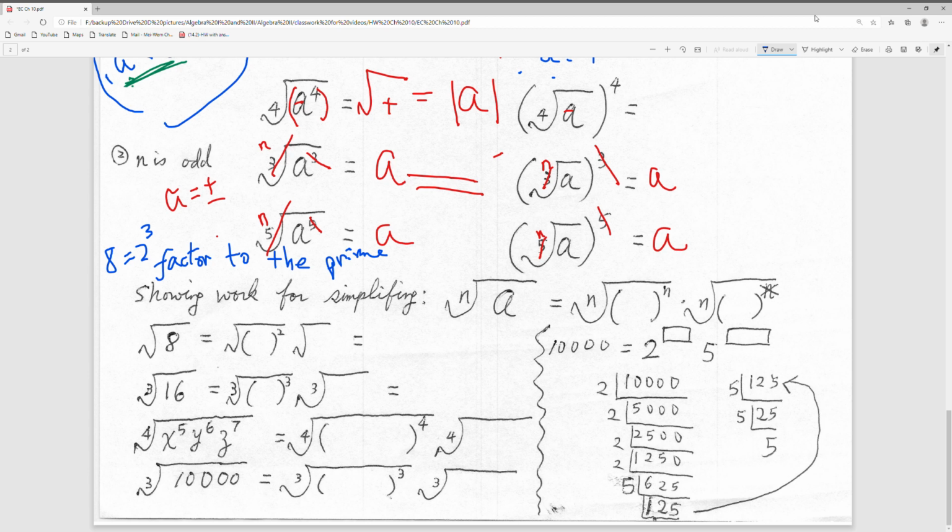Okay, so 2 cubed, you want to separate. Do you have a complete degree? Like in this case, you have a complete square, 2 squared times 2. So 2 cubed is 2 squared times 2. You separate them. Square, no square.